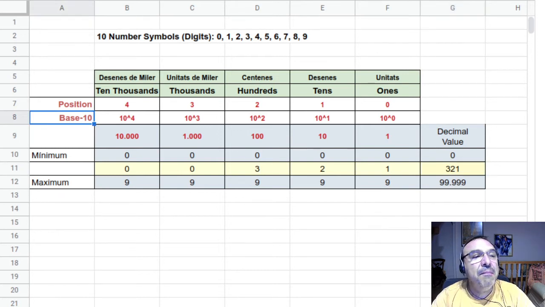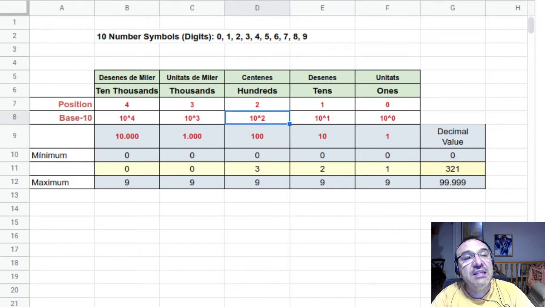Counting in base 10 means that the position of every digit sets its value. In position 0, it's the base 10 raised to the 0 exponent, and the value is 1. In the first position, it's 10 raised to the first exponent, and the value is 10, so it's tens.